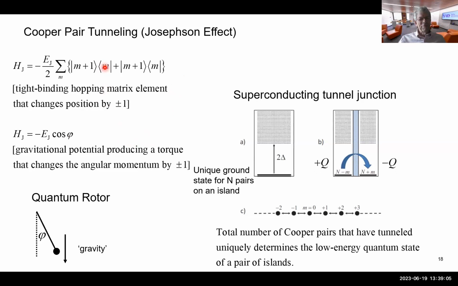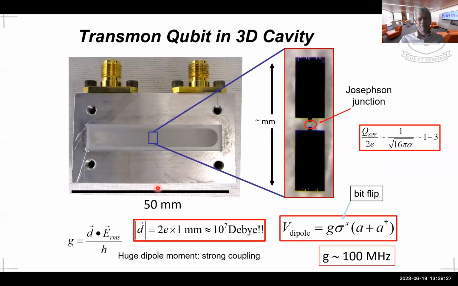And remember, phi squared is what we had for a linear inductor. Now we have cosine phi, so the potential is not a harmonic potential, phi squared, but cosine phi. And so we will get an anharmonic excitation spectrum.